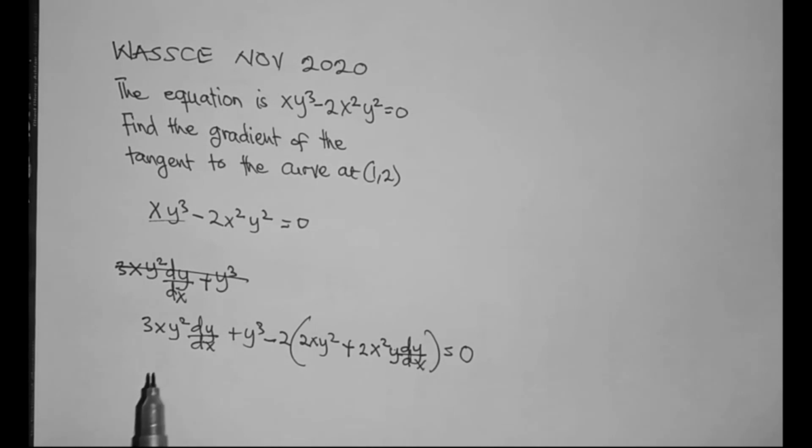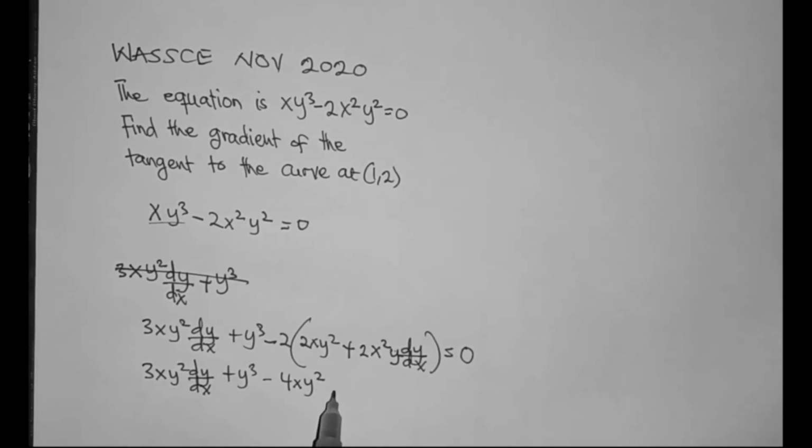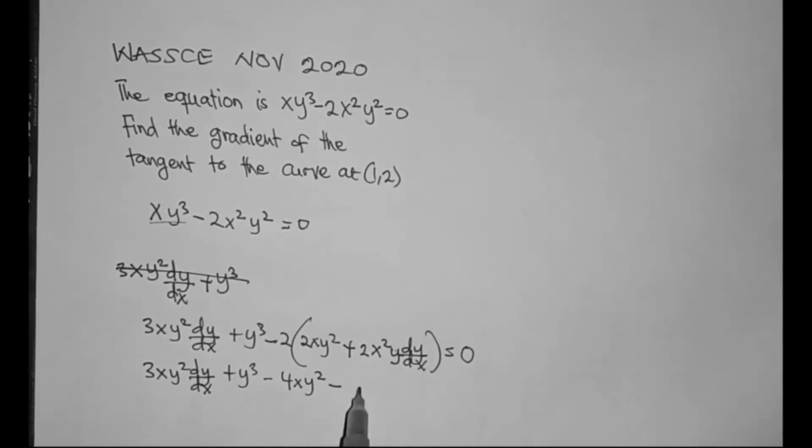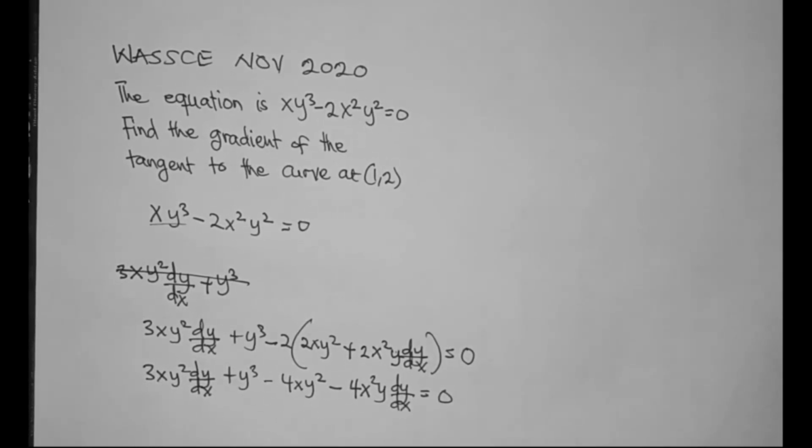So let's go ahead and expand. So 3xy^2 dy/dx plus y^3, minus 2 times 2xy^2 is 4xy^2, then minus 4x^2y dy/dx is equal to 0. Go ahead and group like terms.